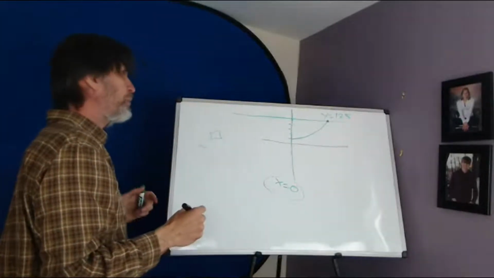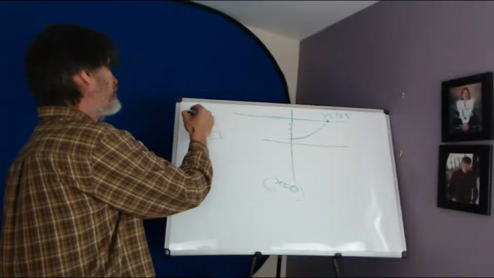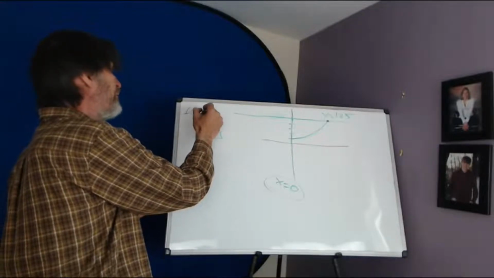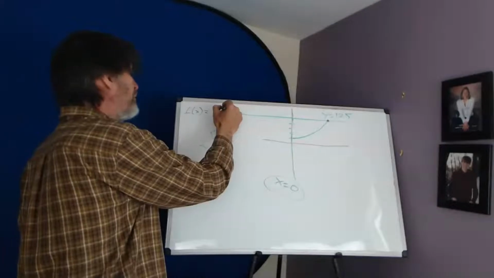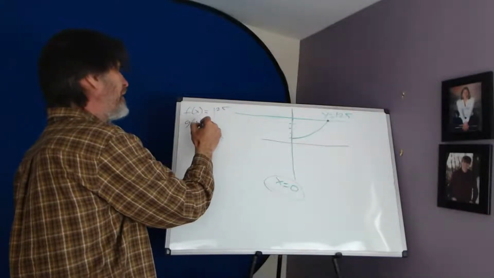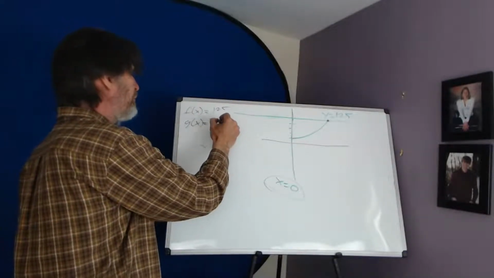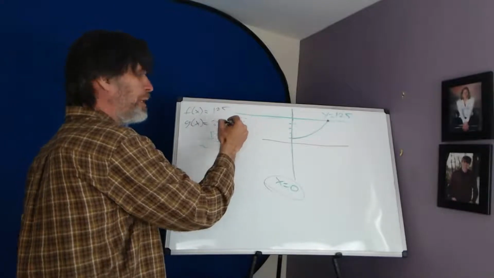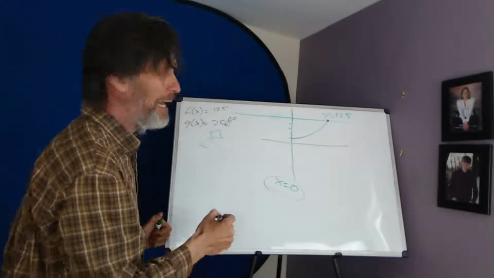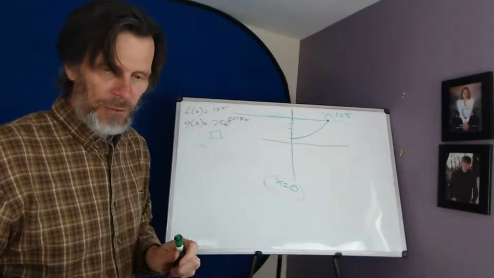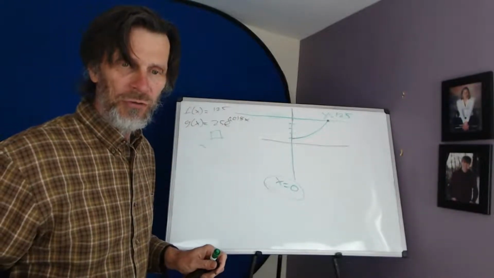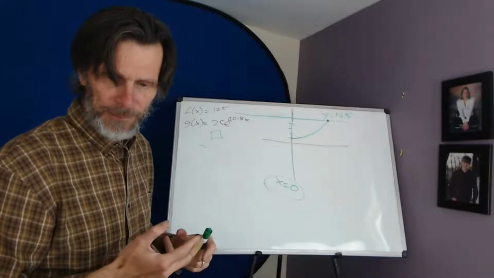We're going to use algebra to find out where those two functions cross. Here's my 1 function. Let me make sure I've named it correctly. Yep, f of x is 125. And g of x is equal to 25 e to the 0.018x. So what can I do to find out where those two functions cross?